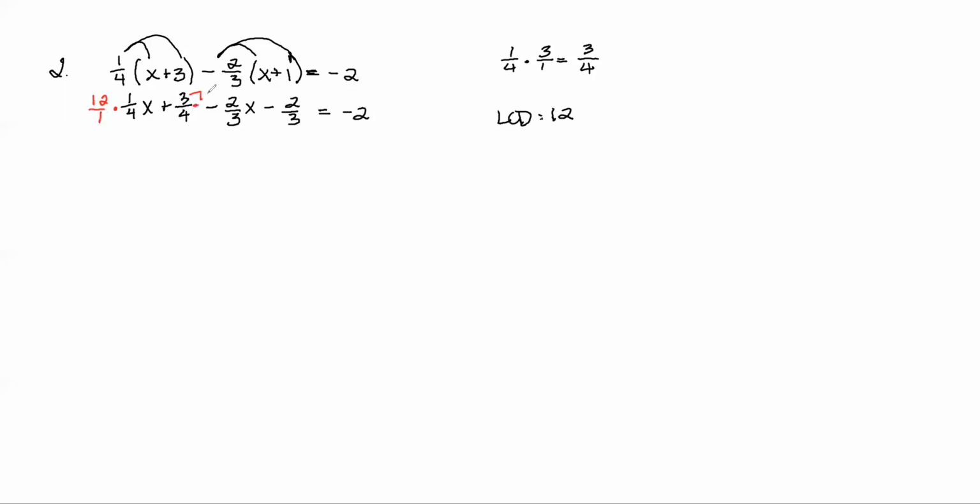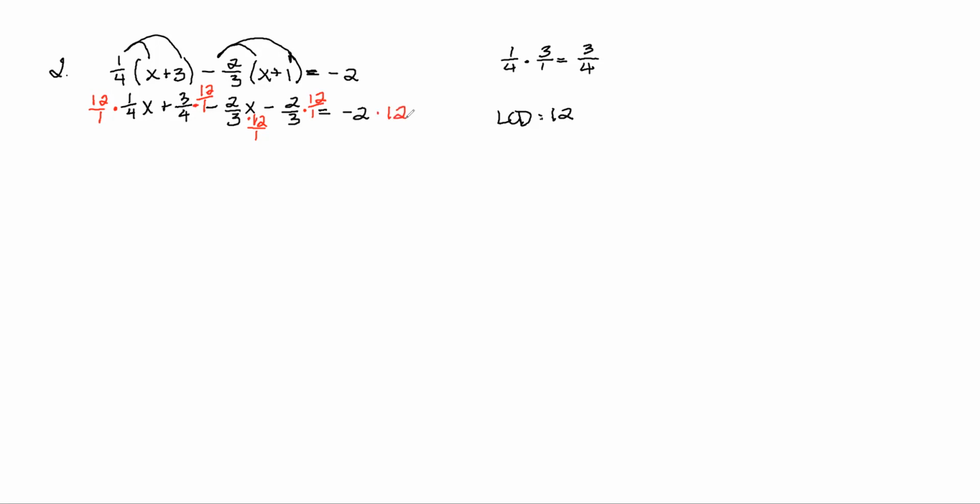And some of these aren't going to fit all that nicely. You can always do this off to the side if you don't like trying to squeeze it in here. Some of these I will do off to the side. And then remember to multiply even the terms that don't have fractions by the 12.